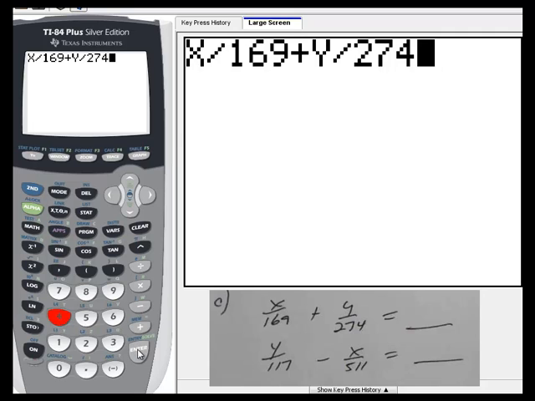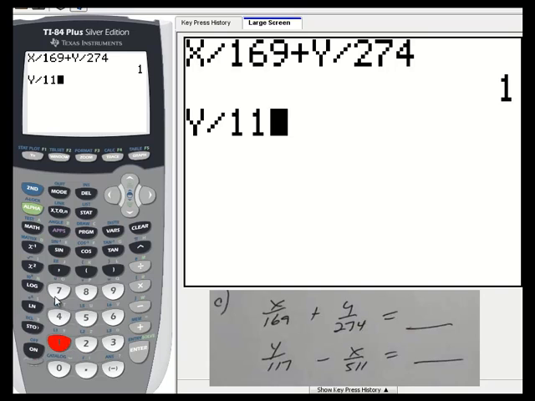Alright, here we go. Great, it's 1. That's one check. The second left-hand side is y divided by 117 minus x divided by 511.